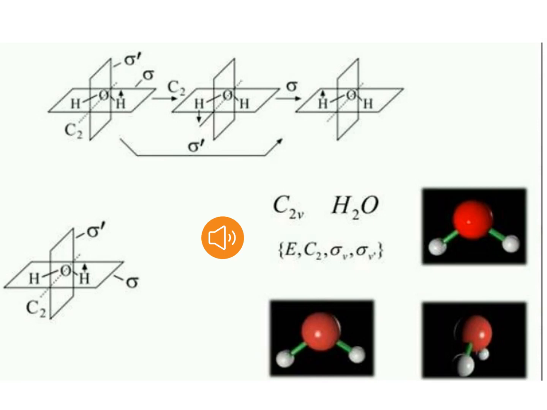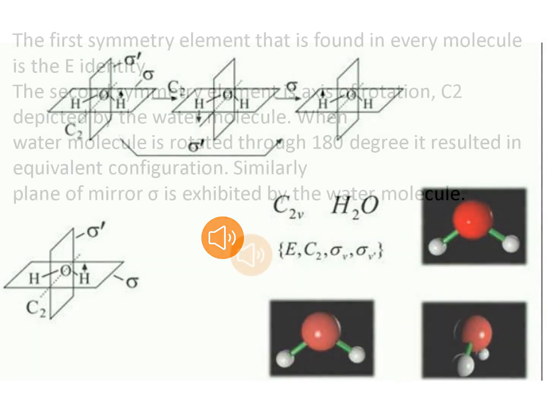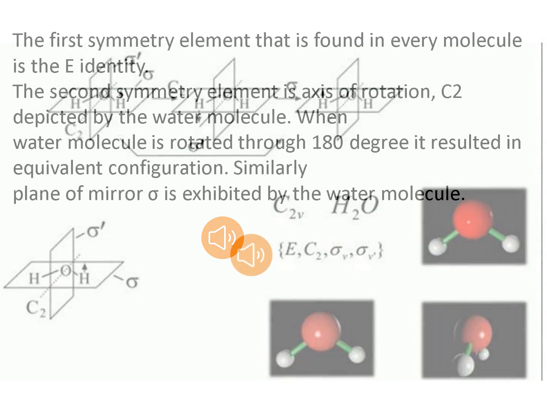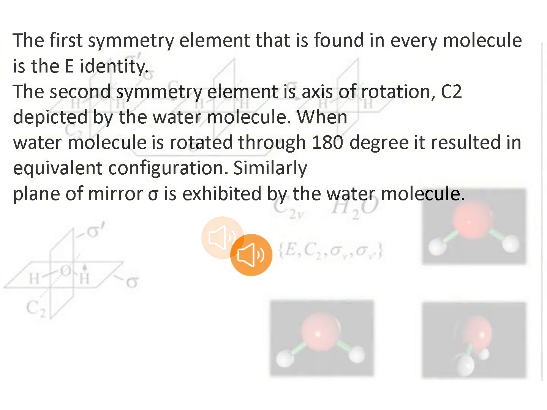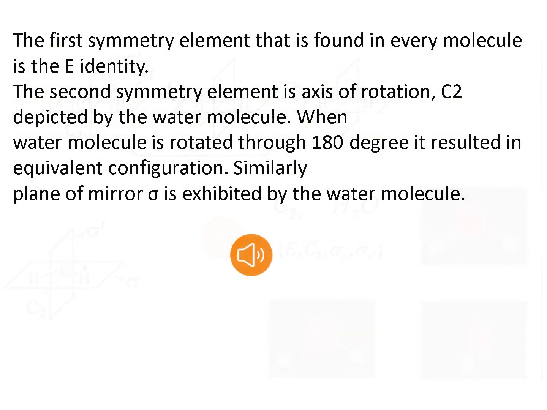How to find the symmetry elements? The first symmetry element is identity, which is found in every molecule because it is doing nothing.